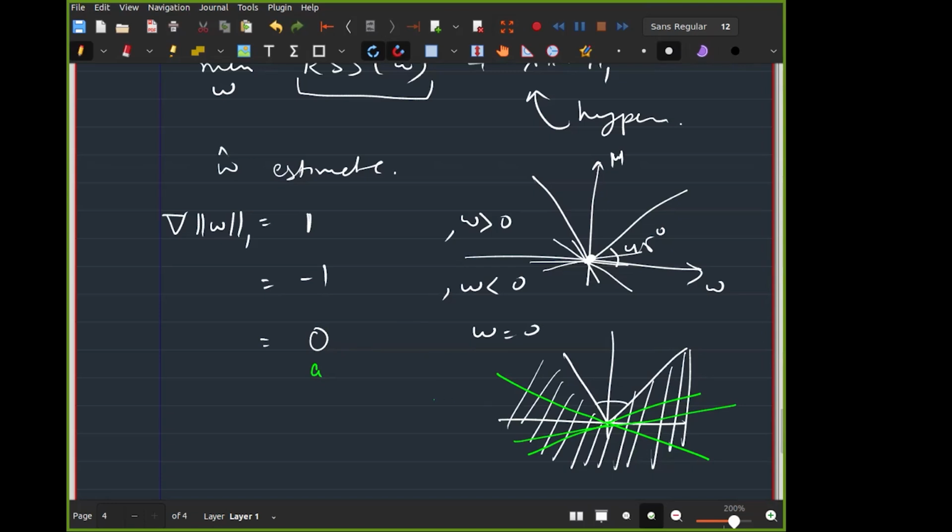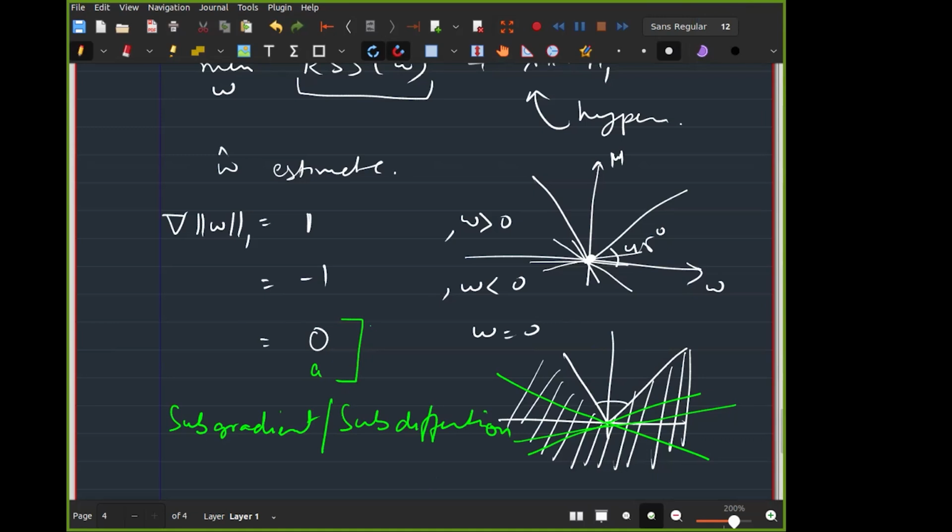Second thing is the discussion of this choice when W equals 0, right? This is coming from a concept of subgradient or subdifferential. I think we have discussed this before, but either way, intuitively I've explained it to you. So now you know how to handle a non-differentiable point via subgradients.